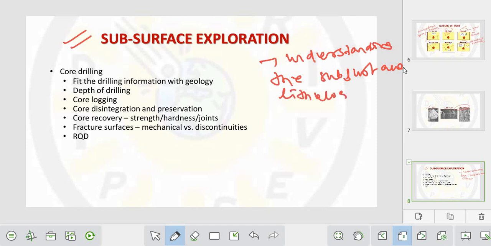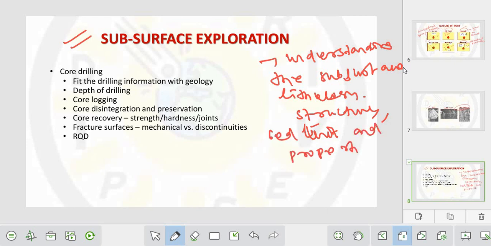To understanding subsurface structure, not only lithology and structure, we have to identify the different type of unit, like different type of bed unit, you know, and their properties we have to identify. Okay, and all those type of rock properties, like maybe physical properties, maybe mechanical properties.